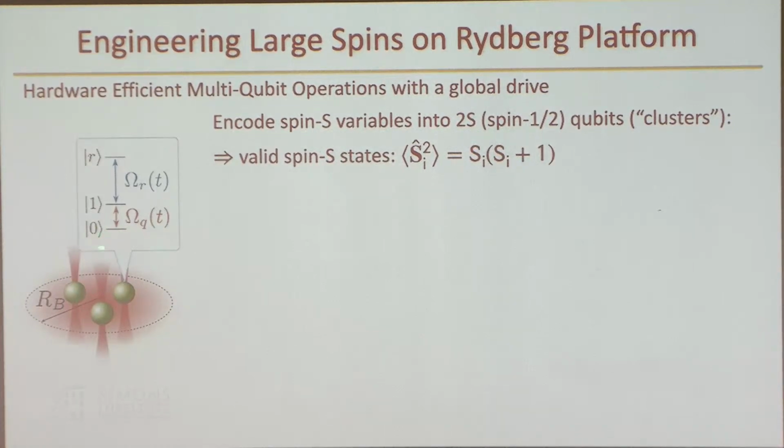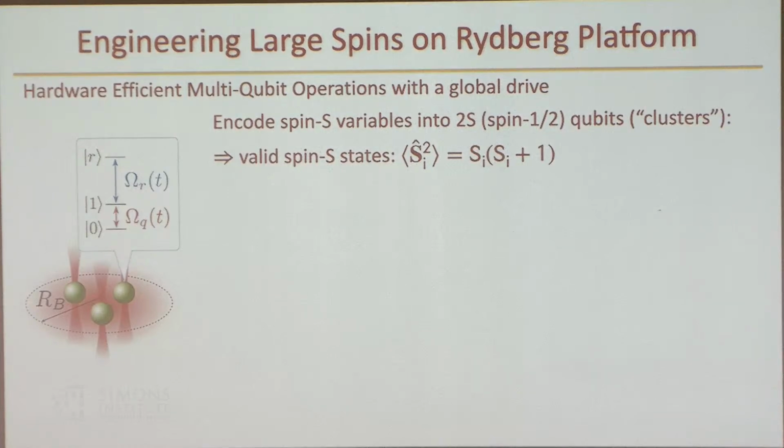And the first thing I should say, so here is the control that we have. The qubit is encoded into some ground states, where we have a driving field between them. And the Rydberg state couples only to the 1, but not to the 0. And that also can be independently driven. But both of these pulses are global for the whole system.